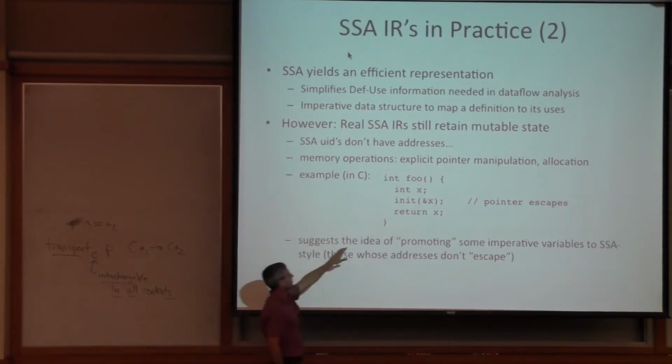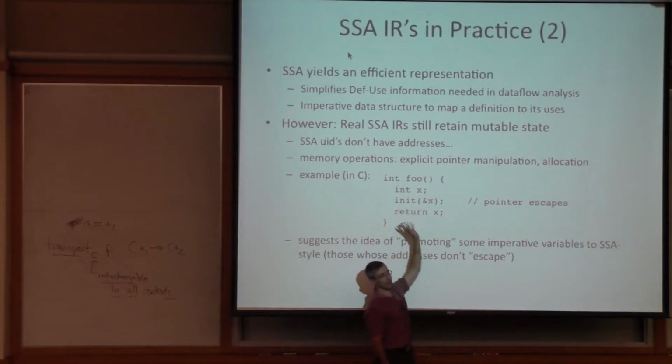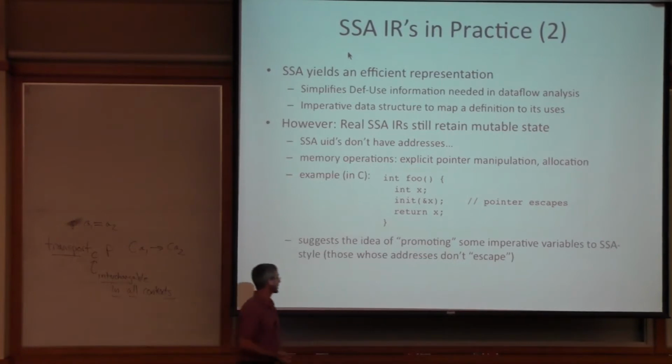As a simple example, if you have a local variable x in a C program and you take the address and pass it to some function, that variable's address escapes. You would not be able to register allocate that variable, and so you need to have mutable state off to the side as well.